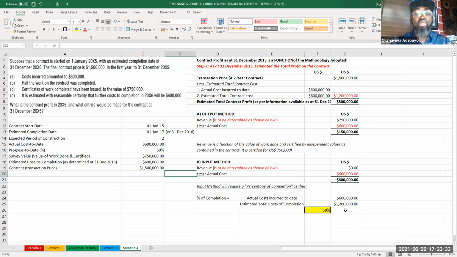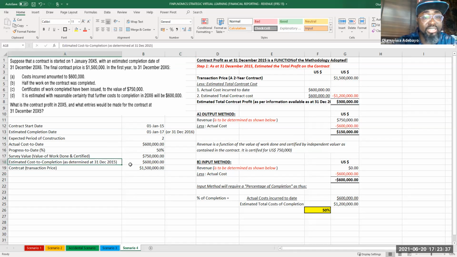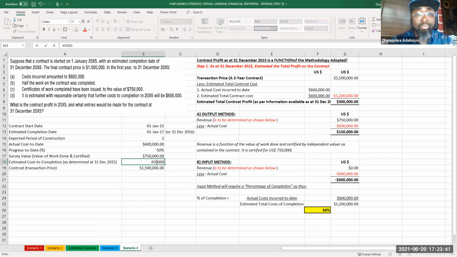Therefore, this will not be the same. And how we will know is that, imagine our estimated cost to complete the remaining half is 450 as against 600. You'll find out that this is showing 57, whereas this is still 50 because we have just done half. Am I making sense? Let us take note of that.